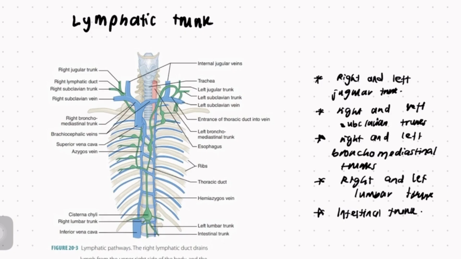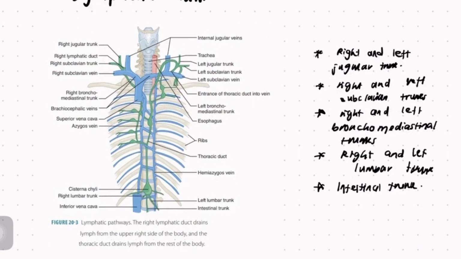Then the right bronchomediastinal trunk and left bronchomediastinal trunk. The fourth one is the right and left lumbar trunk. And the last one is the intestinal trunk.